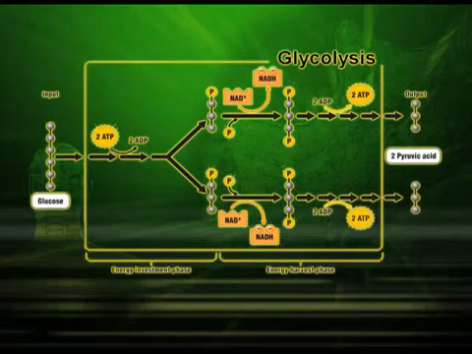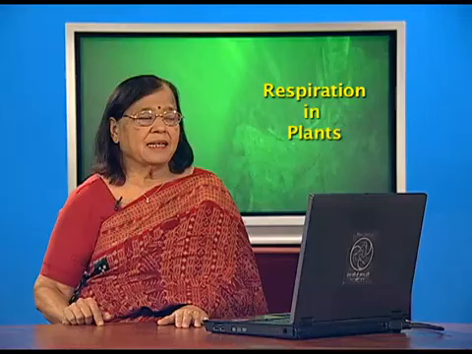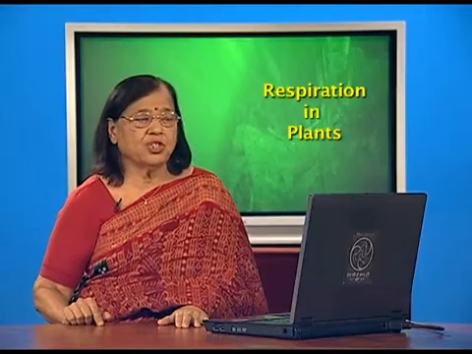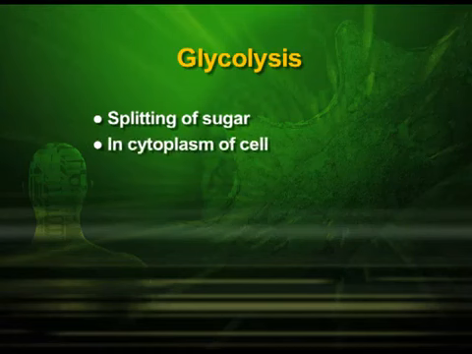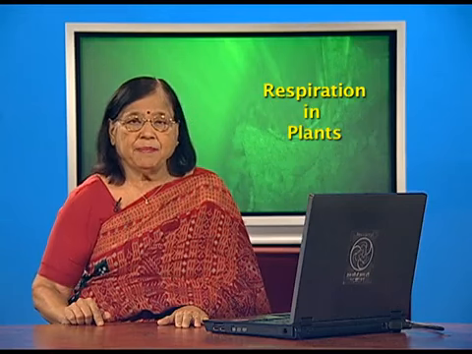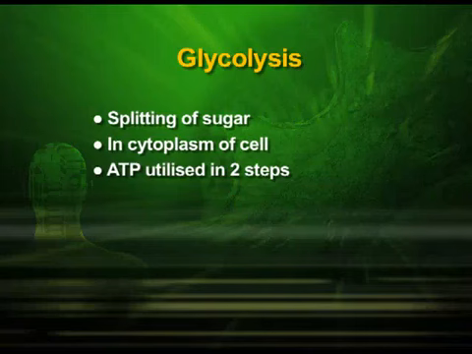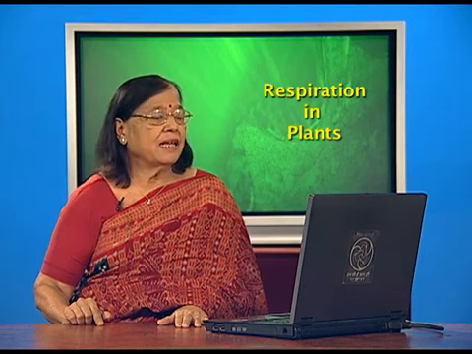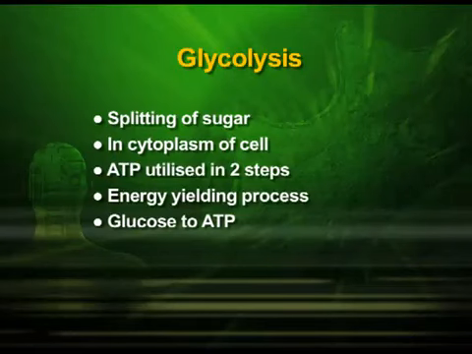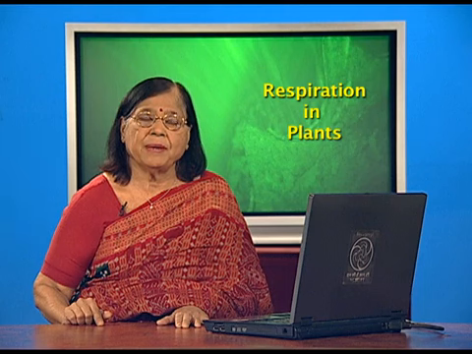During pyruvic acid formation, or during glycolysis, there will be splitting of sugar, and it will take place in the cytoplasm of the cell. ATP will be produced, and that is the energy which was yielded during glycolysis, and glucose is eventually converted to ATP.